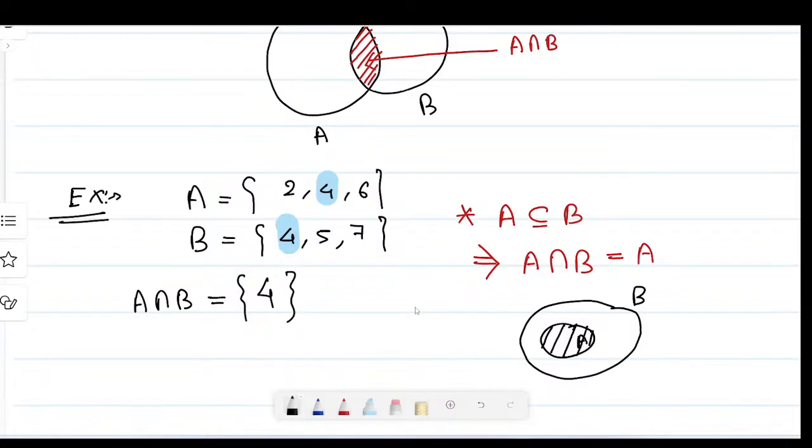This is the intersection portion, A intersection B.